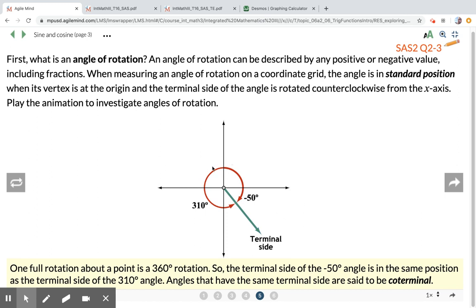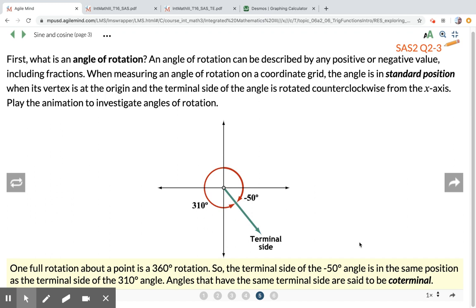One full rotation is, of course, 360 degrees, right? If I added 360 onto that negative 50 degrees, it would give me 310. So the terminal side of my negative 50 degree angle is in the exact same spot as the terminal side of my 310 degree angle. Angles that have the same terminal side are said to be coterminal.